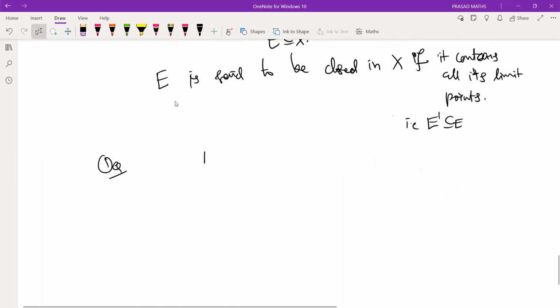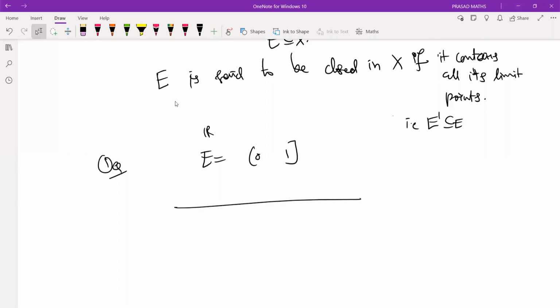Suppose we take this set in R with respect to the usual metric. Is it a closed set? Suppose you take this point 0. What is the definition? It contains all limit points.